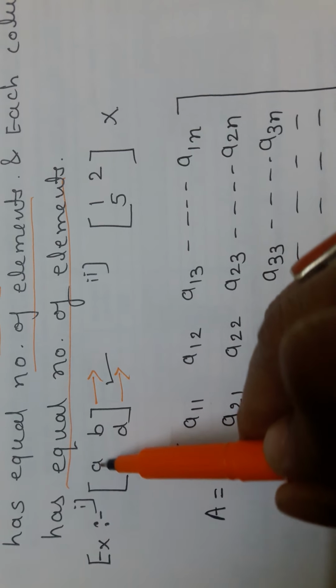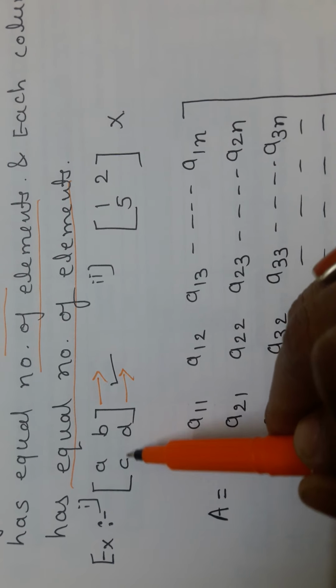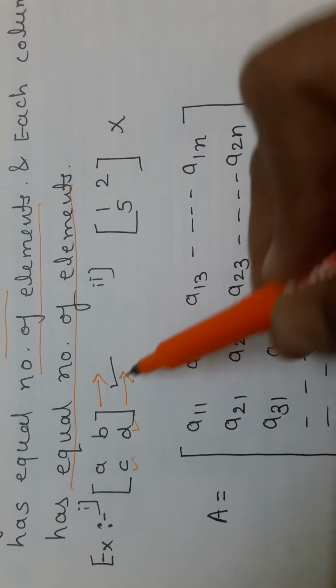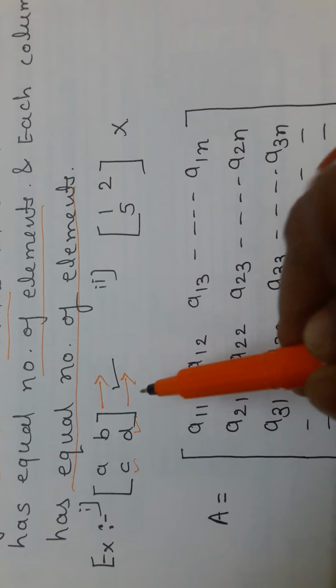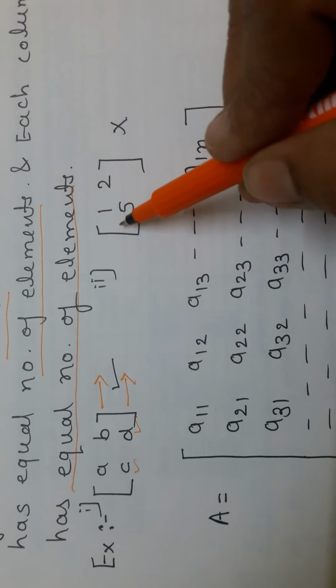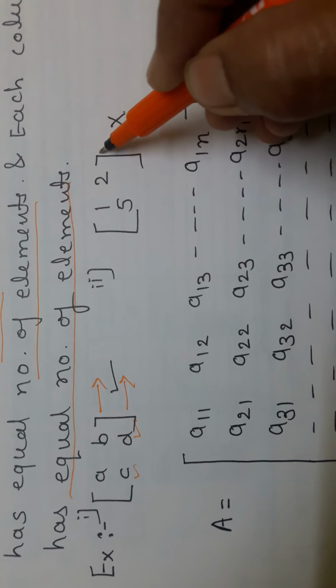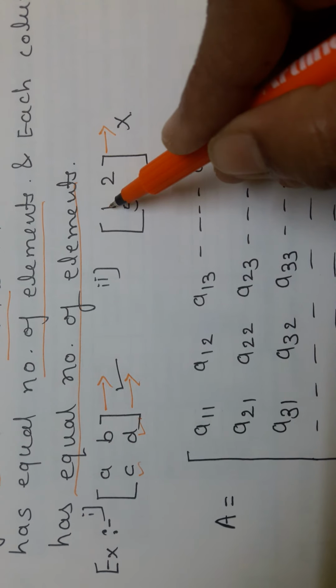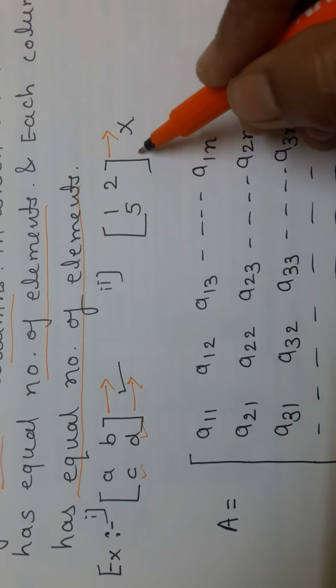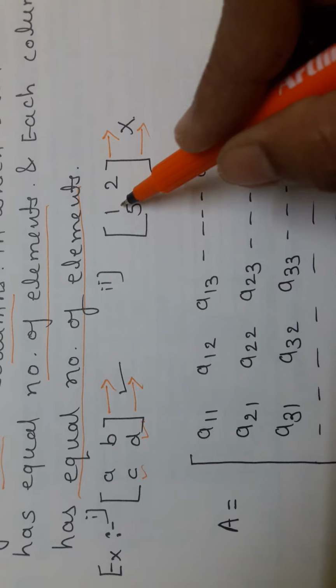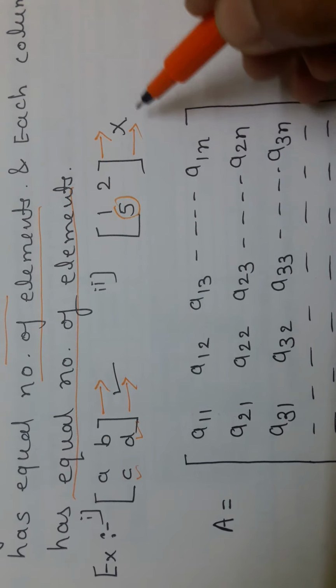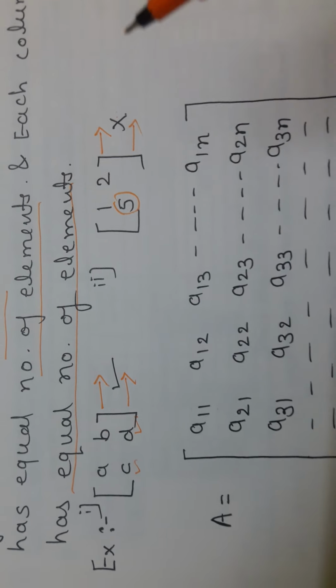In the first row 2 elements are there, in the second row 2 elements are there. That's why it forms a matrix. But in the second example, in the first row 2 elements are there, but in the second row only 1 element is there.